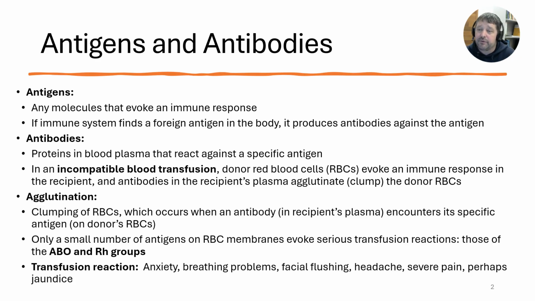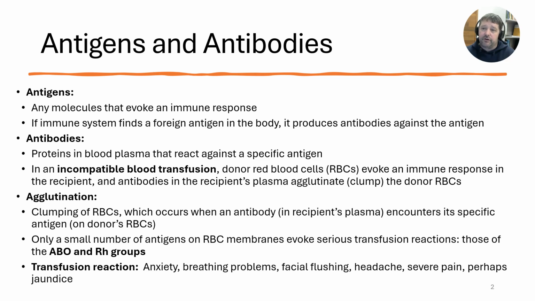There's lots of different proteins. There's proteins that allow things to come in, proteins that allow things to exit, proteins that stimulate cell-cell communication, all kinds of things. But the ones that we're most concerned with from an agglutination point of view are the ABO and the Rh groups.